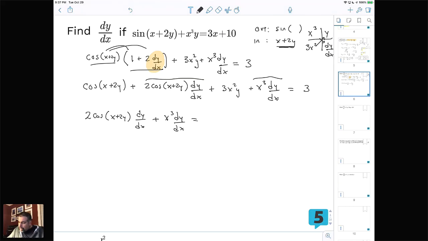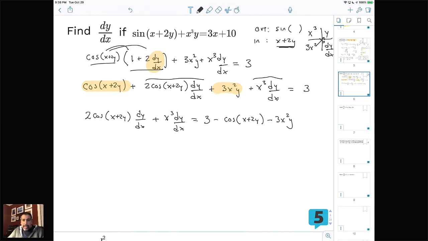And now everything else has to move to the other side. So this guy didn't have a dy over dx. This guy didn't have a dy over dx. I need to subtract them to the other side. So the 3 is over there, and you're going to see me just subtracting those other 2 terms, the cosine x plus 2y, and then the minus 3x squared y.